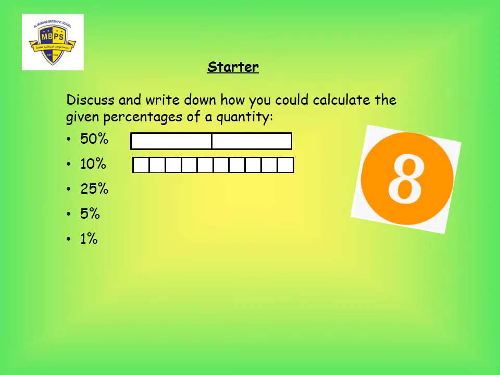This is divide by 10. Now 25%, this means I want to cut 8 into 4 equal parts. So 25% means we divide by 4.